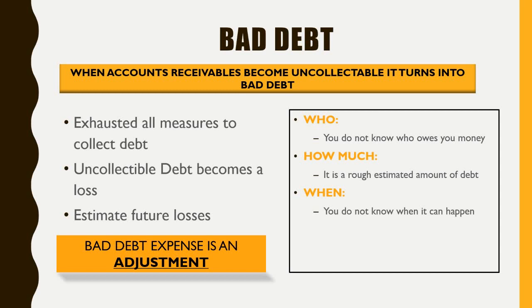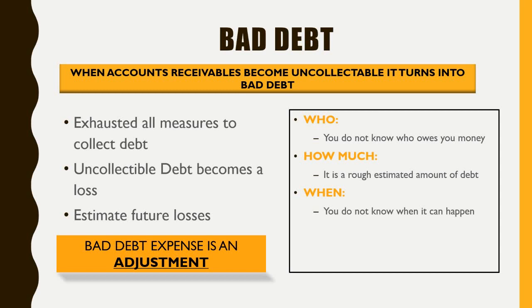So in this case, what bad debt does is it allows you to do a rough estimate. In most cases, it's going to be roughly 5% of your accounts receivable. So that's about what the cap is going to be. It's about 5%. So again, if it's less than that, then it's less than that. But if you want to use 5%, you can use 5%.